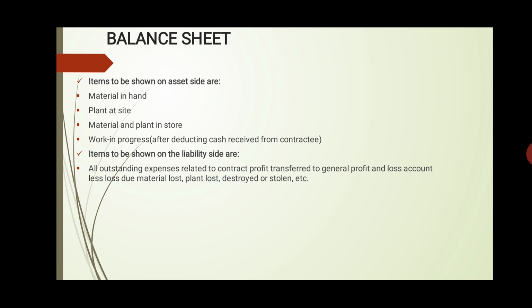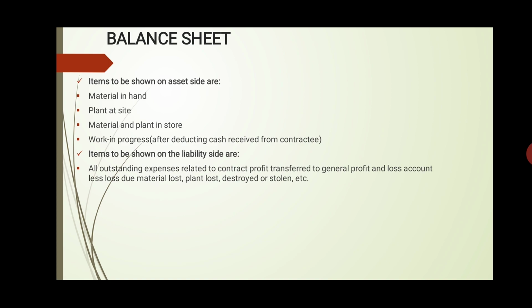Now, what all should the balance sheet include? Items to be shown on the asset side, items to be shown on the liability side. Liability side should include all the due expenses which are related to the contract, and the profit has to be transferred to the profit and loss account, minus any of the losses due to material lost, plant lost, destroyed or stolen.